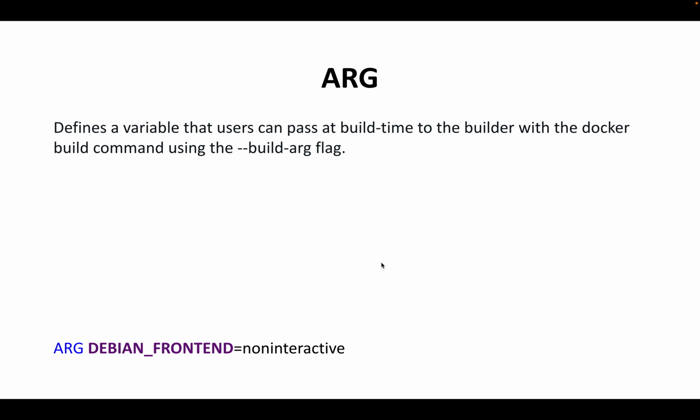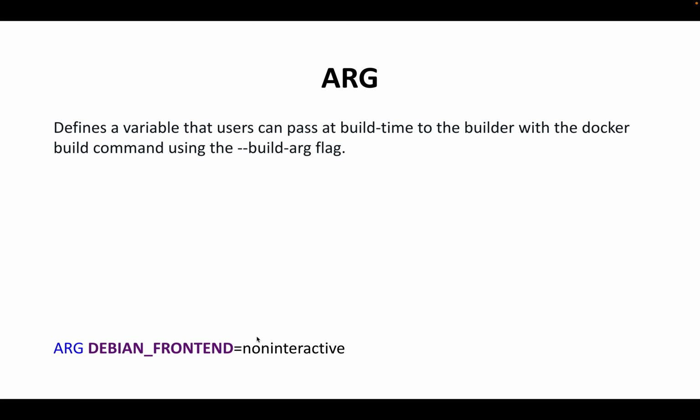And this ARG instruction defines a variable that is used at build time. It's not used after the build time, at runtime. So that's where it differs from an ENV instruction, which is an environment variable and it is also available at runtime.